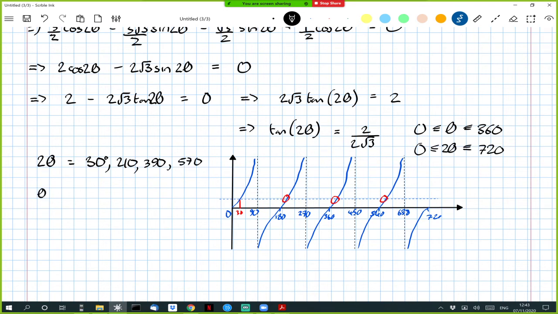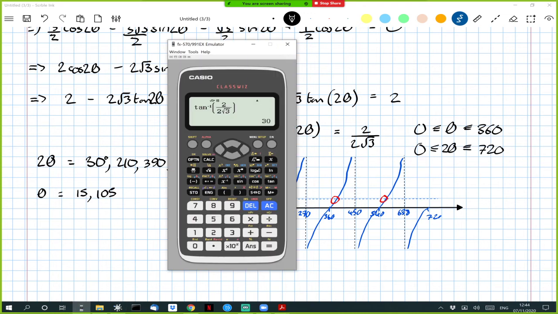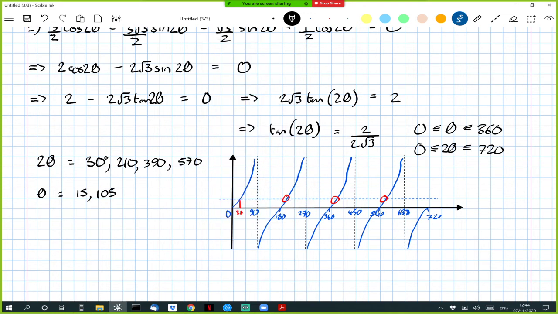So halving each of those: 15 degrees, 105 degrees. Should know this, but again, I'm not taking any risks with it. Mental arithmetic, 195 degrees.